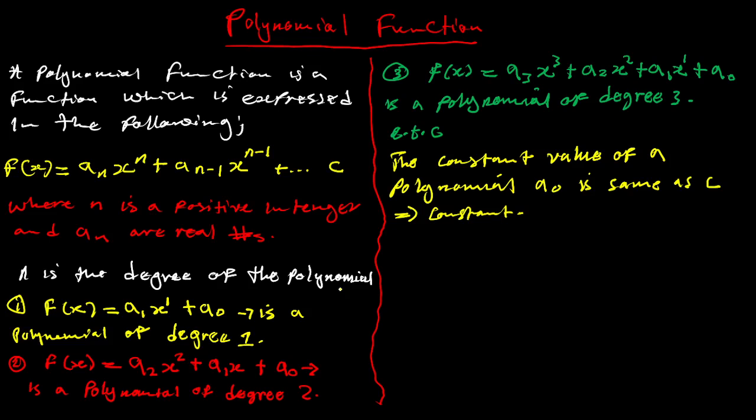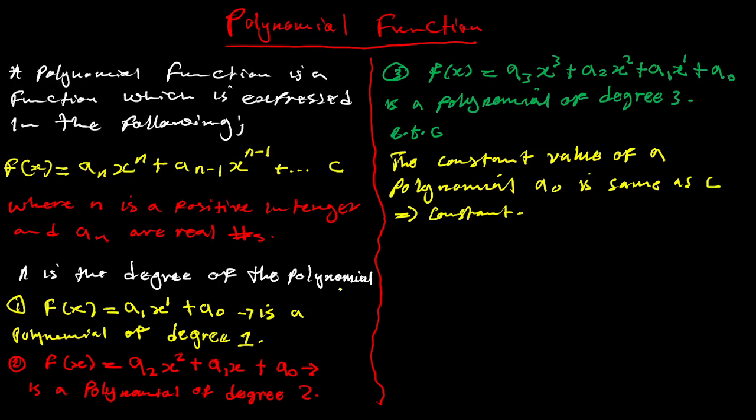So I'll start with the first one, which is a1 x to the power 1. So a good example I can pick for this one, I can say f of x is simply equal to, let's say, 2x plus c1. So this is a polynomial of degree 1. Of course, this is just a linear function which everyone is aware of.